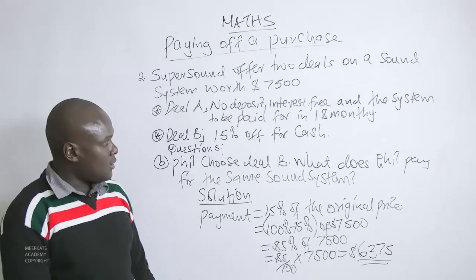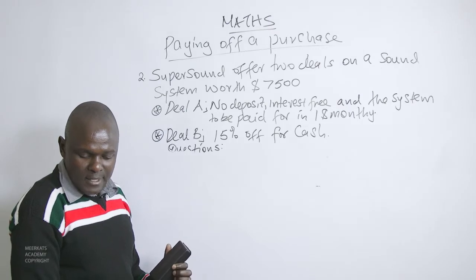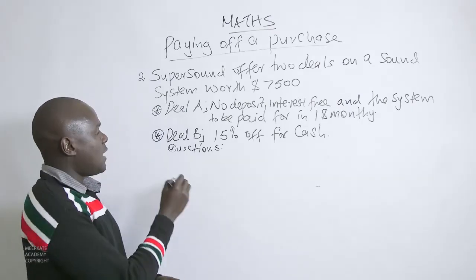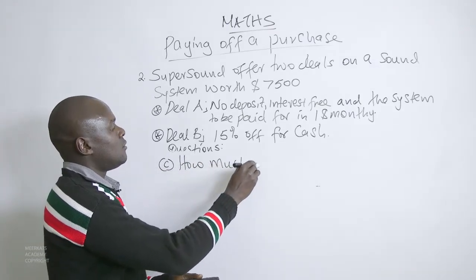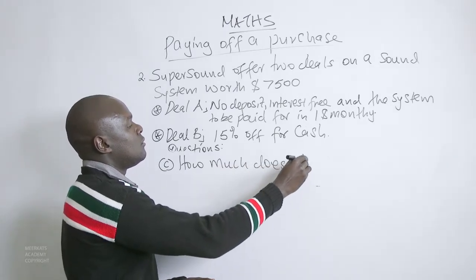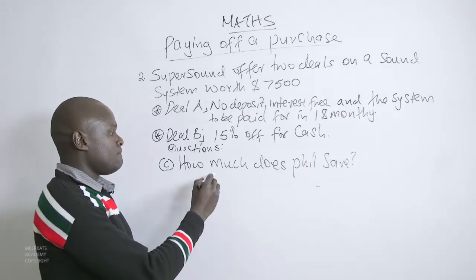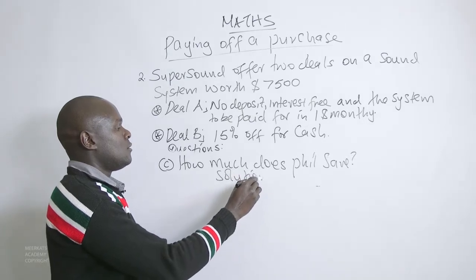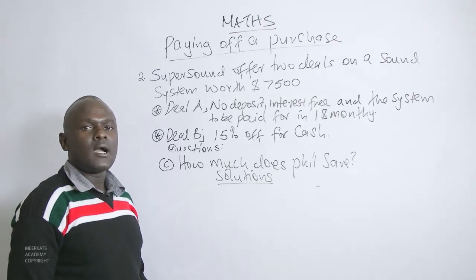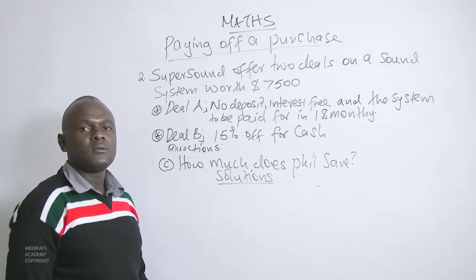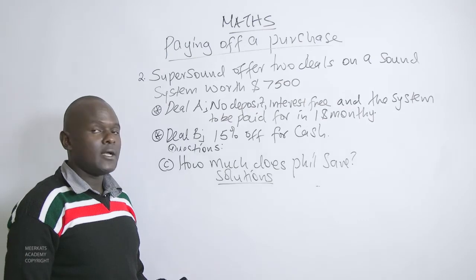Let us look at the last part of this second example. Part C is how much does Phil save? How much does this person save? We have looked at calculations of savings in our previous lessons, and we want to apply the knowledge that we have learned to handle this question.